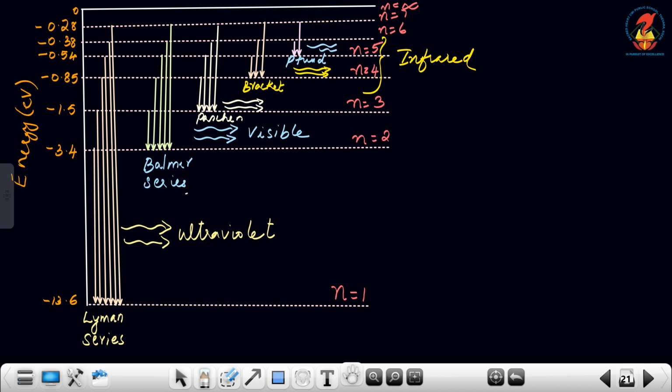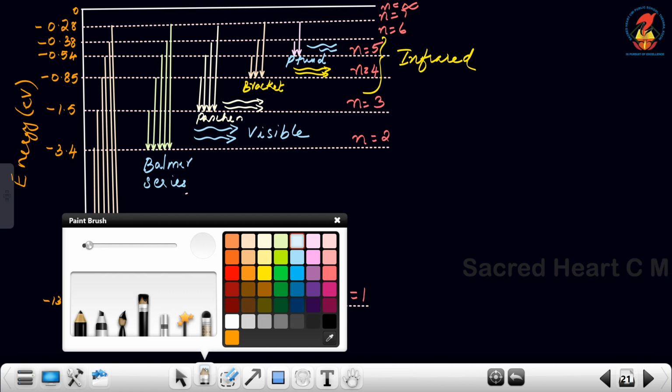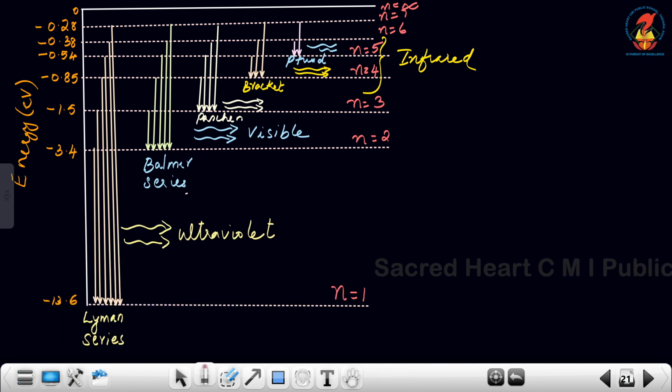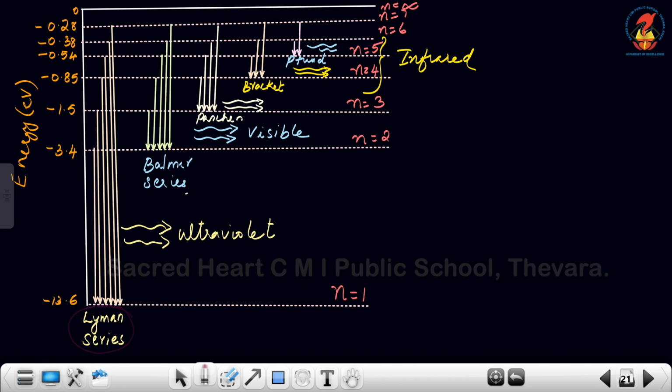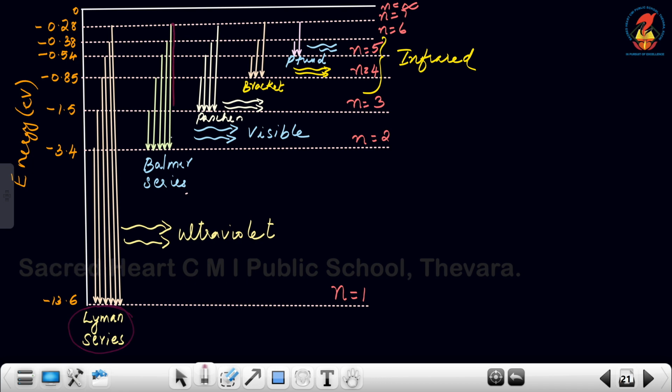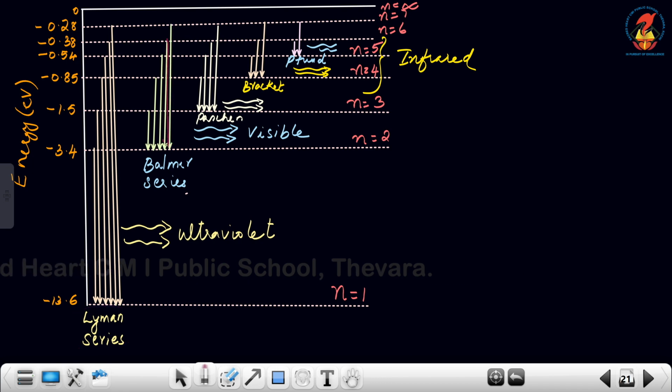the spectral series of the hydrogen atom were obtained like this. If the electron is getting excited to a higher energy level and then jumping from any of the higher energy levels to the ground state, we obtain the Lyman series. Now, if the electron is jumping from the higher excited state to the n is equal to 2 level, we have the Balmer series.